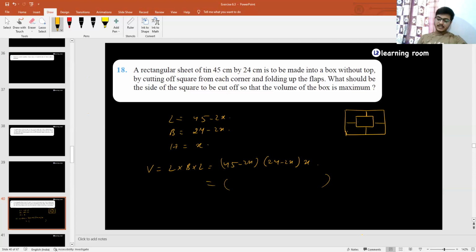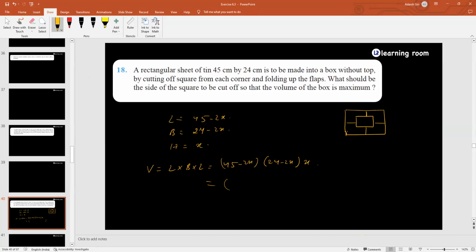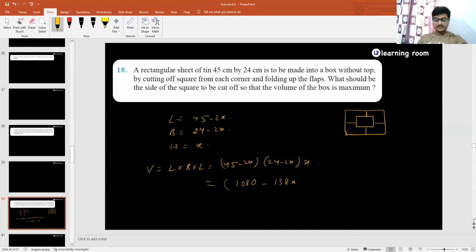Tell me the equation that you get after multiplying this. 1 minute, sir. 1080 minus 138x plus 4x square, into x.